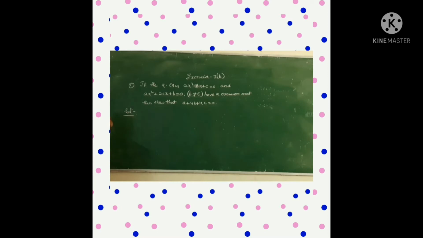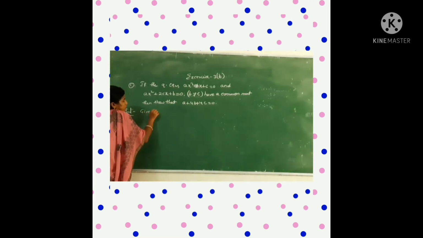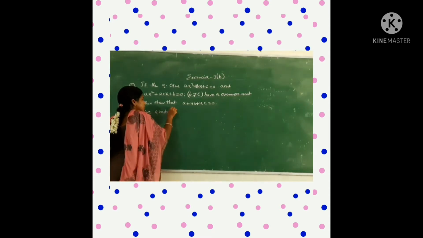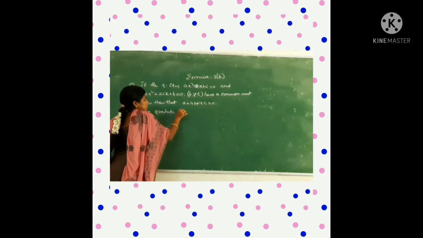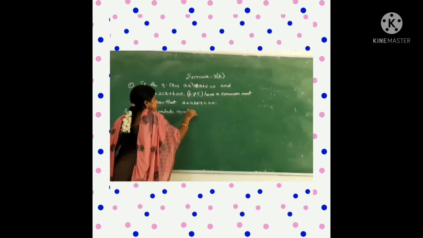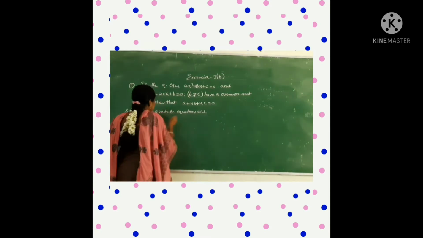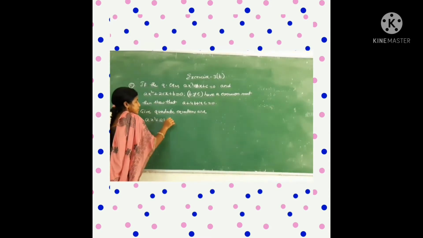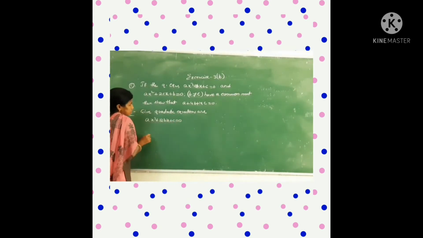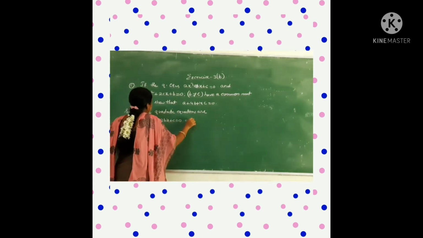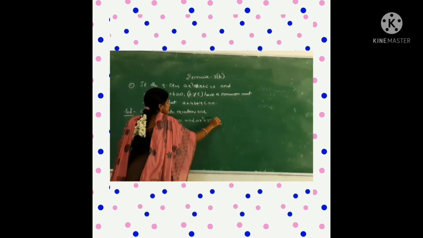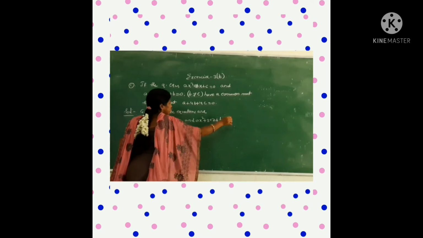Okay, what are the given equations? The given quadratic equations are ax square plus 2bx plus c is equal to 0 and ax square plus 2cx plus b is equal to 0.